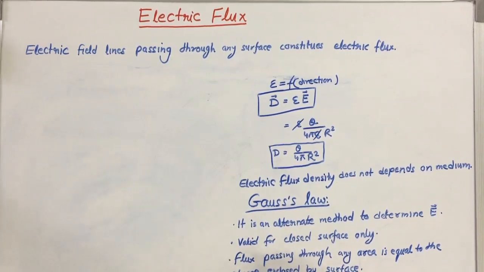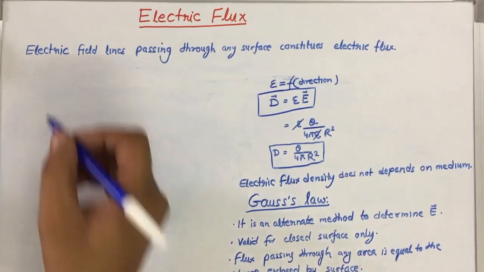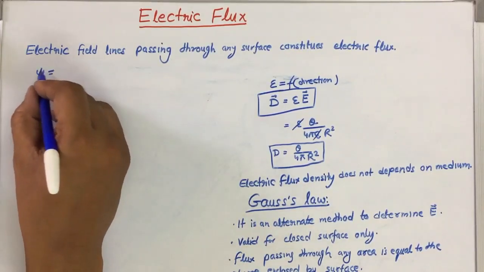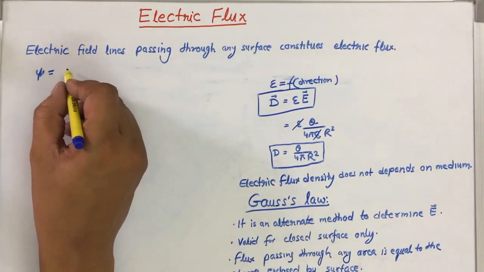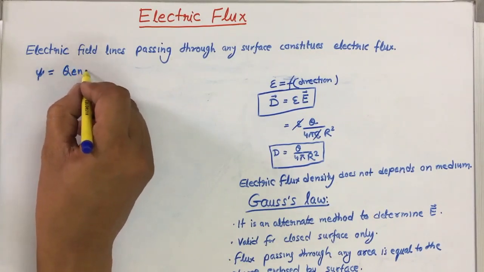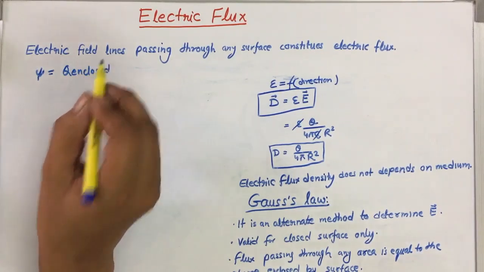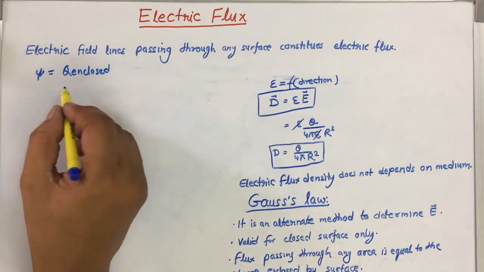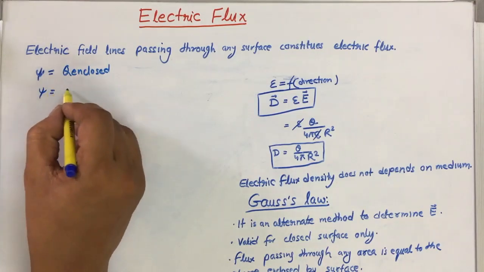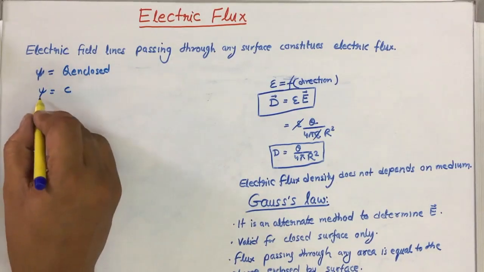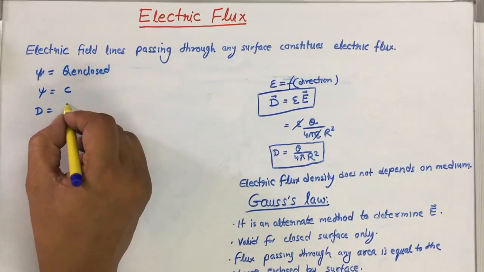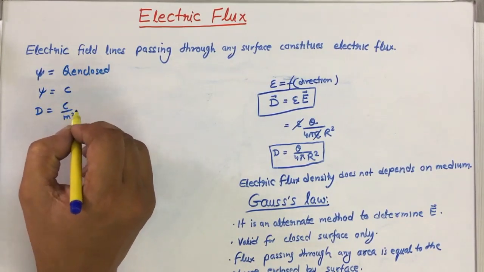So according to this definition, flux passing through any area, that is this, is equal to the charge enclosed by the surface. And the unit of charge is coulomb, so the unit of flux is coulomb also. However, if we talk about density, then coulomb per meter square.